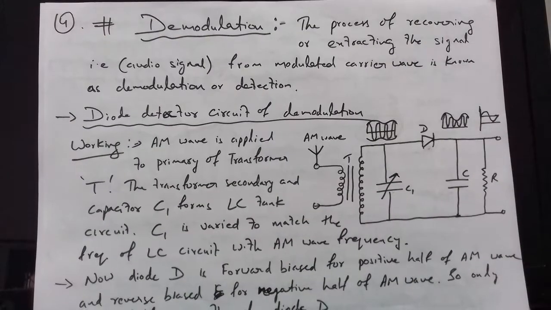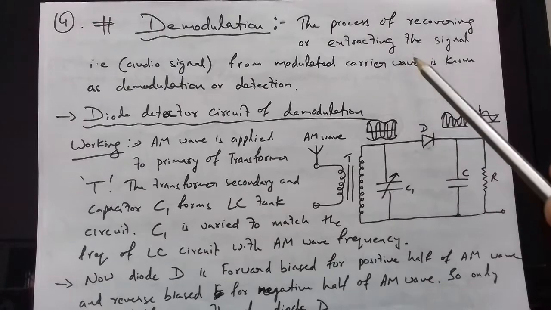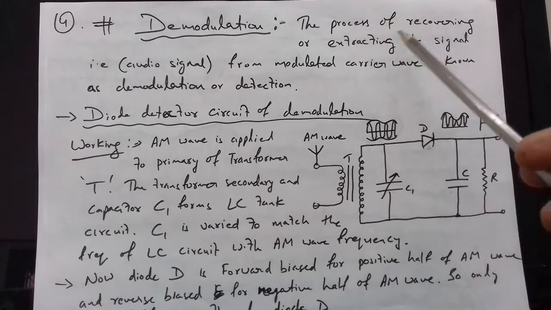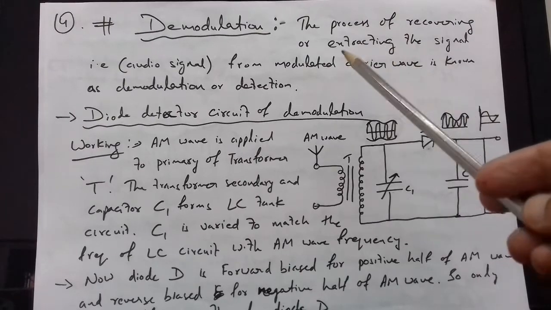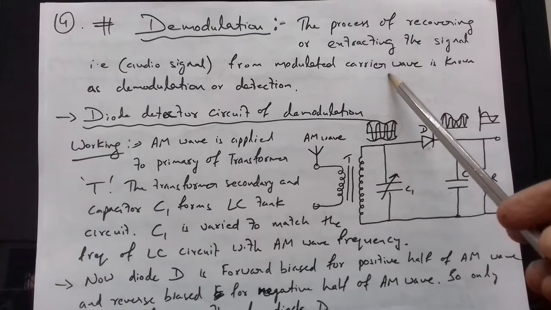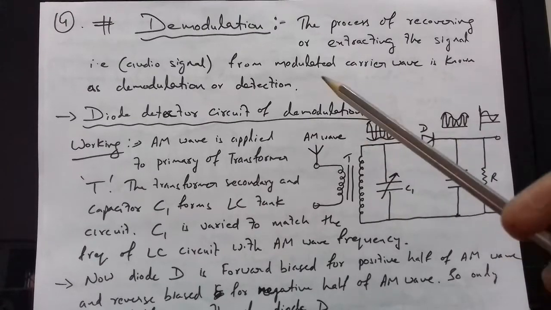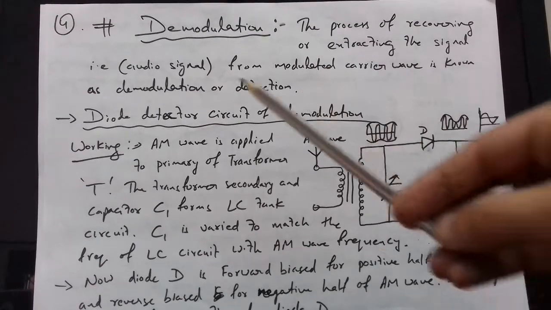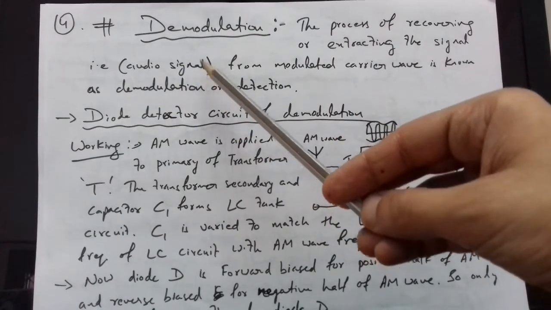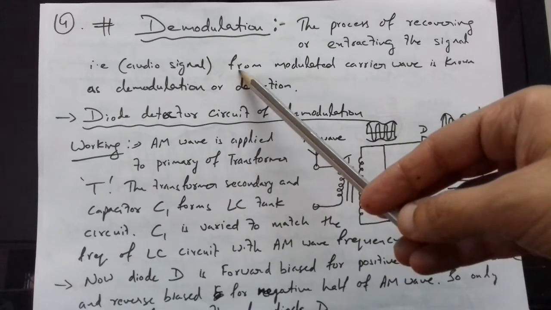Now the other topic in this lecture is demodulation. Demodulation is the process of extracting or recovering the audio signal from the modulated carrier wave. As you know, our concern is with the audio signal. We want to transmit the audio signal from one place to another.